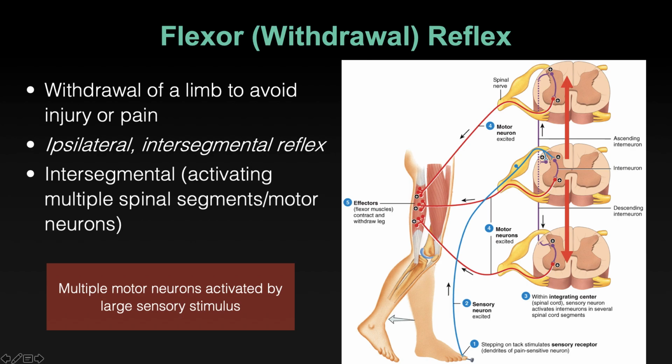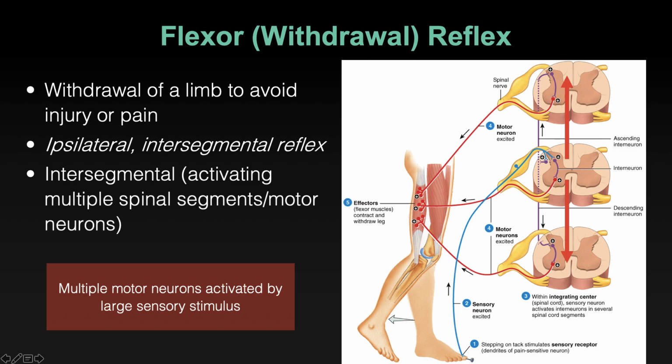And before we move on, just notice that it's one sensory signal that will activate motor nerves at that segment, motor nerves above that segment, and motor nerves below that segment. One sensory signal, multiple motor outputs. So the flexor withdrawal reflex is a quick removal of the limb from danger.